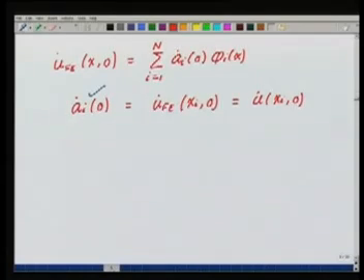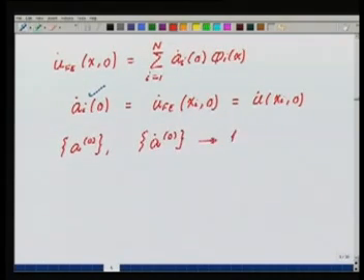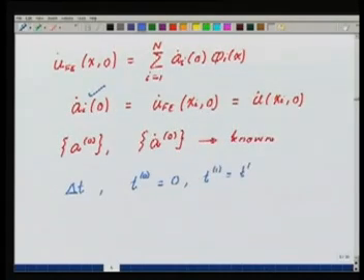Okay. So essentially in the time marching scheme, we will say that the vector a at step 0 and the vector a dot at step 0 are known. Once these vectors are known, we can march in time. That is, we will take time step delta t such that t0 is equal to 0, t1 is equal to t0 plus delta t.